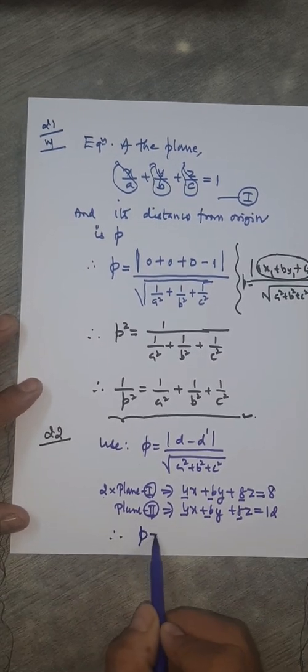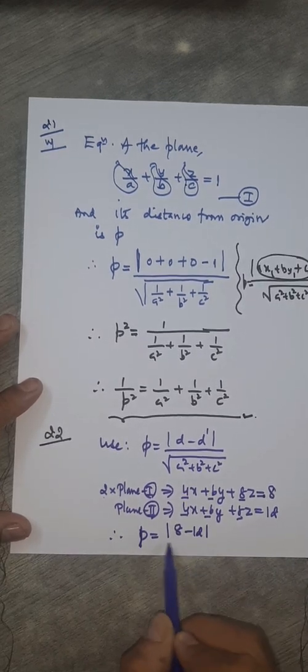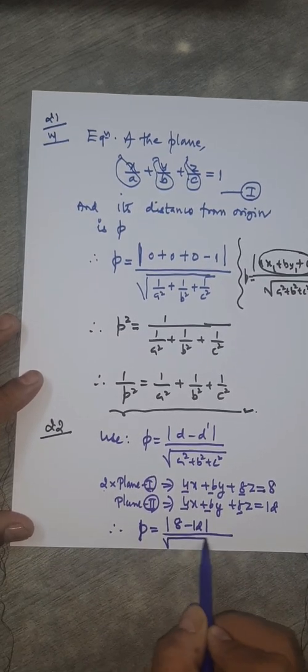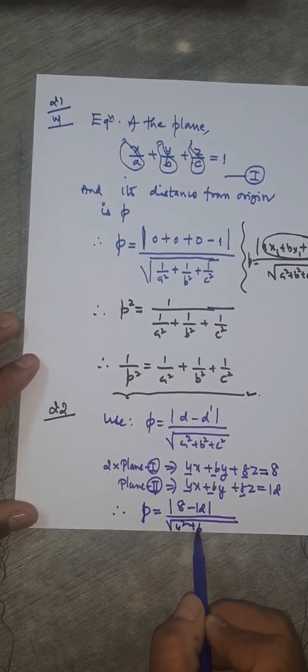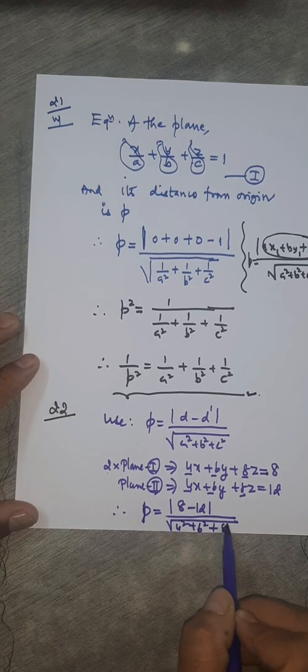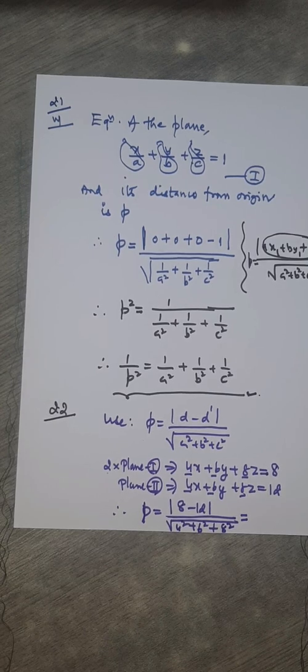And therefore, distance equals 8 minus 12 upon, now with the equal coefficients, 4 square plus 6 square plus 8 square. I repeat what I did. The important thing here is that the coefficients should be equal, remember. If they are not equal and you use the formula, it's wrong, remember.